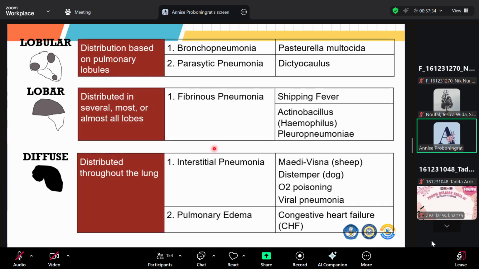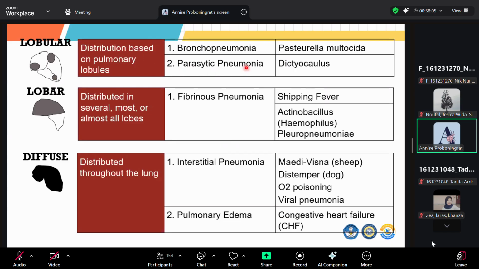Distribution based on the pulmonary lobules can be classified into two types of lesion or pathological condition. The first one is the bronchopneumonia, usually caused by infection by Pasteurella multocida, and the parasitic pneumonia by Dictyocaulus.